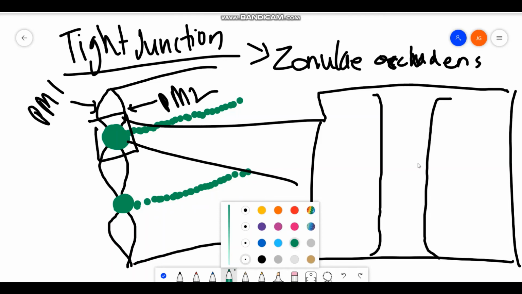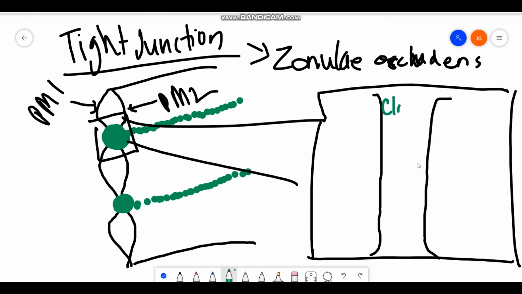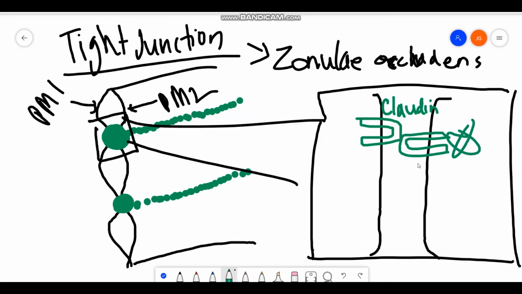Let me make that thinner. Claudin. Obviously, I'm not going to show you exactly how claudin binds, but it's going to look something like this. This is just a very common diagram that you'll see in cell bio. You're going to have it binding to some other proteins, kind of like this, and in turn, these proteins are going to bind to actin.